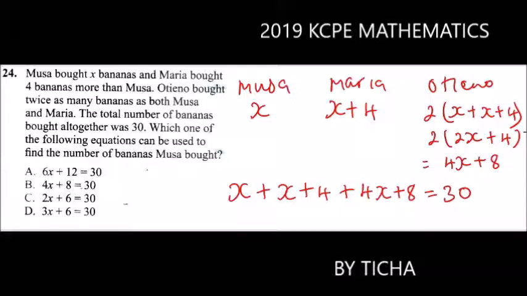So x plus x, 2x plus 4x, that will give you 6x, and then you have 4 plus 8, that will give you 12, is equal to 30. So that equation would give you the value of x, which is the number of bananas Musa bought. And if you check the answers, that is A. So that is how you work out that.